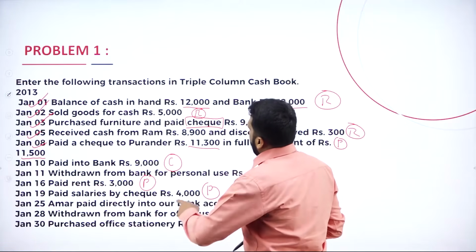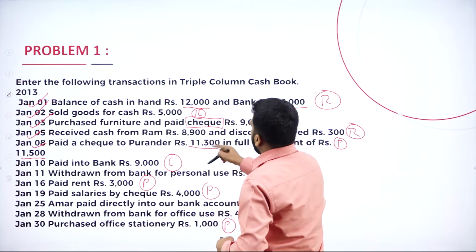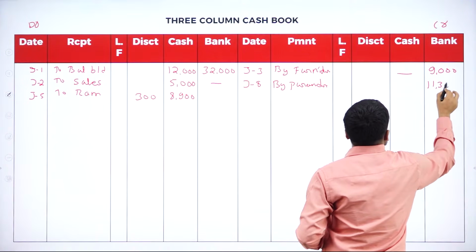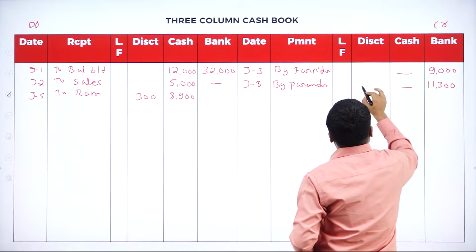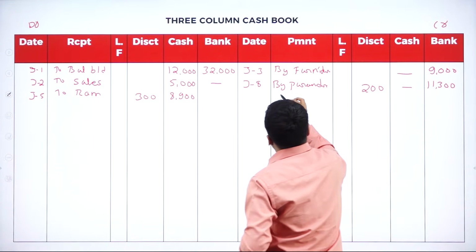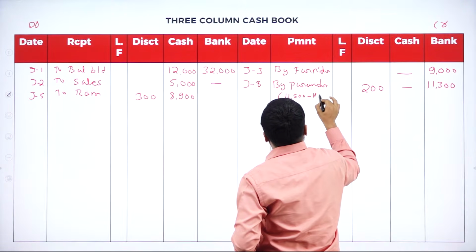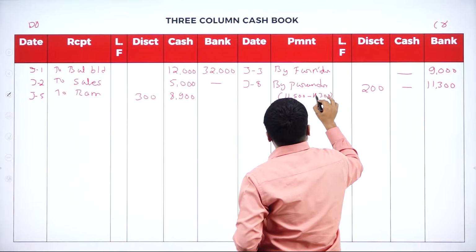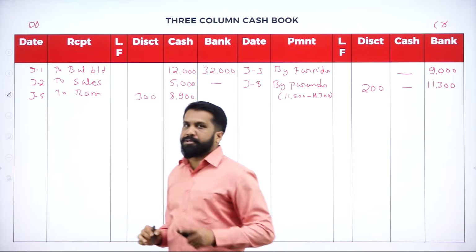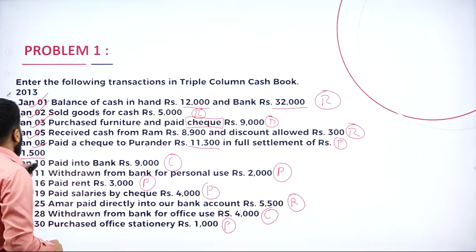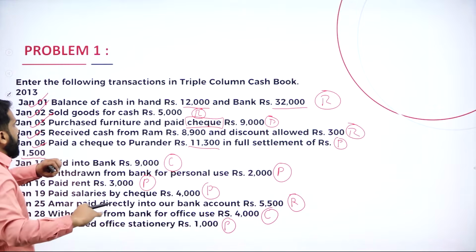Now, how much is given? 11,300. Check means it should be in the bank column. How much discount? It is 200. How come? 11,500 minus 11,300. So like this, you are supposed to calculate. Now, next one.